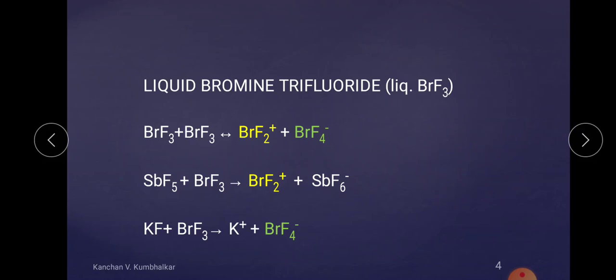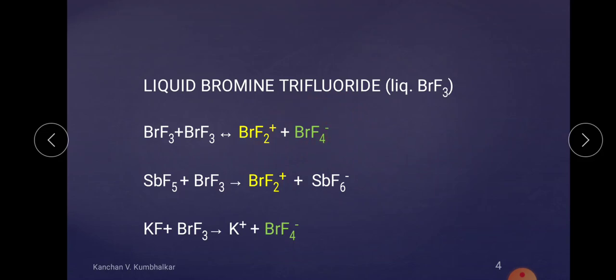Liquid bromine trifluoride has a fairly high specific conductance, which indicates that it is ionized. When BrF3 self-ionizes, or auto-ionizes, there is a formation of one species, BrF2 positive, and another, BrF4 negative.